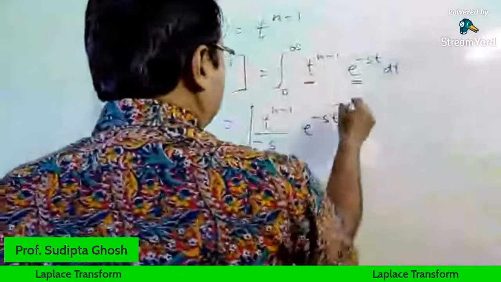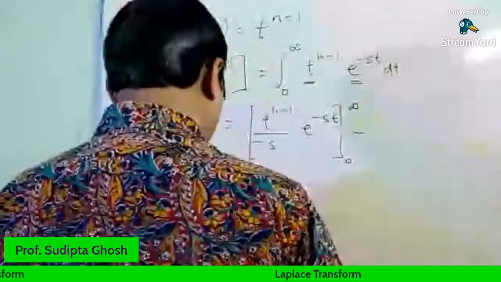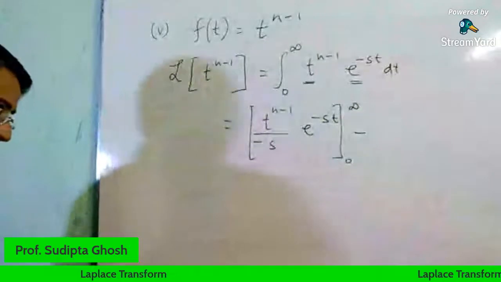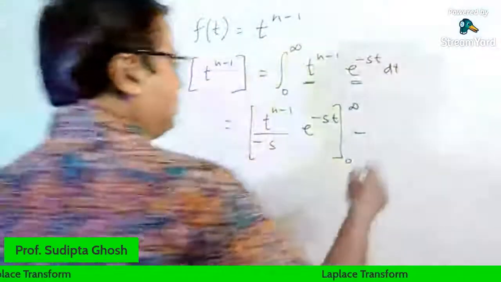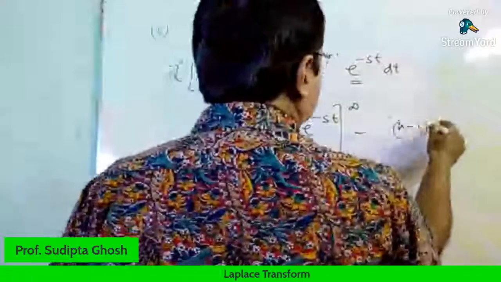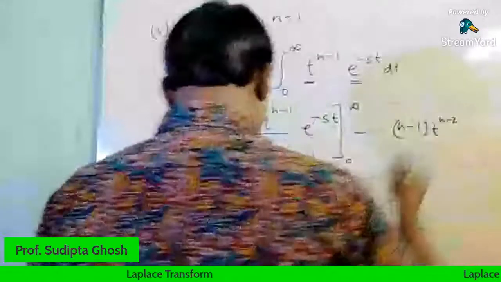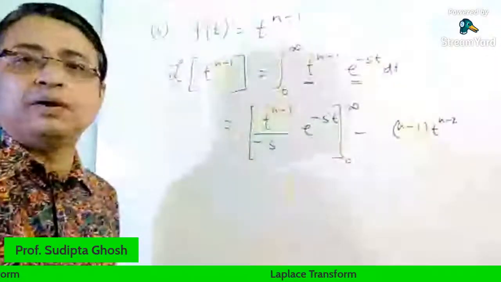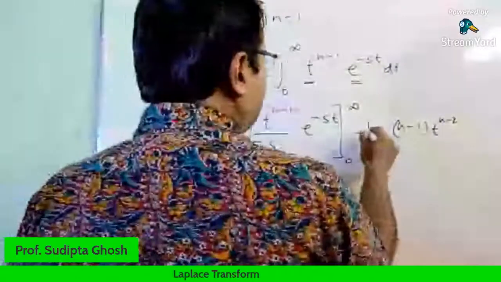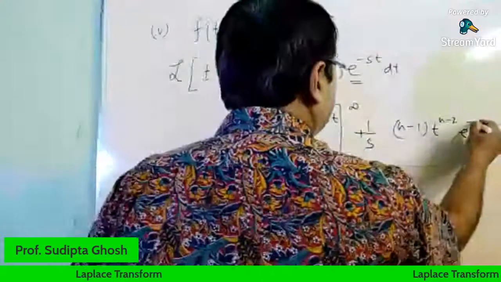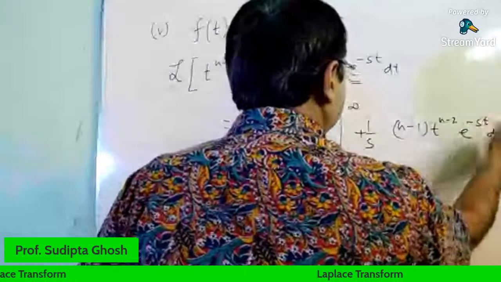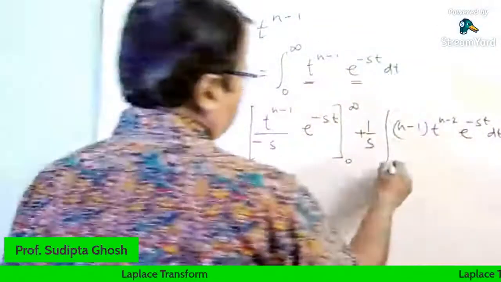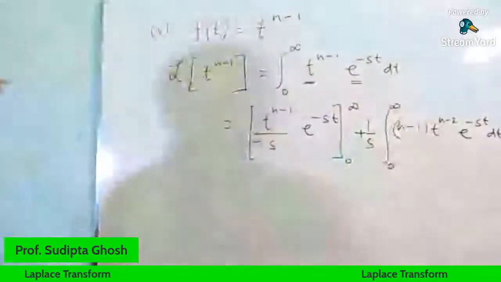with the limit 0 to infinity, minus differential of the first, that means differential of t to the power n minus 1. So it becomes n minus 1 t to the power n minus 2, and then integral of the second, from the integration of e to the power minus st, we get 1 by s e to the power minus st dt, and the limit again remains the same, that is 0 to infinity.